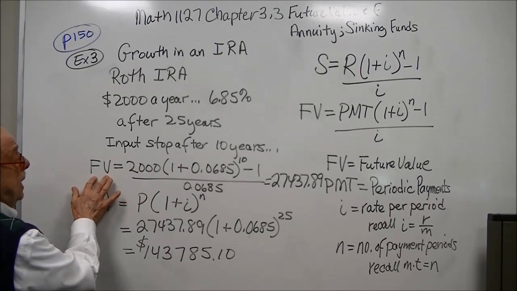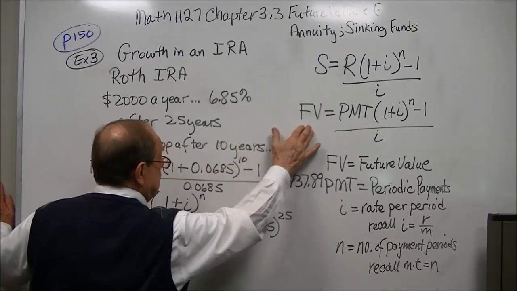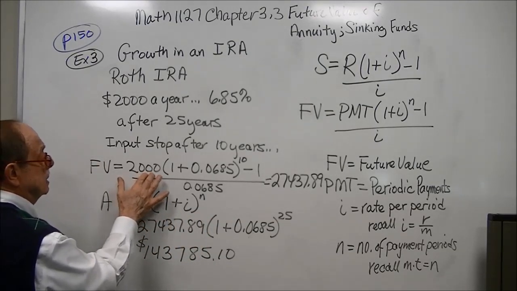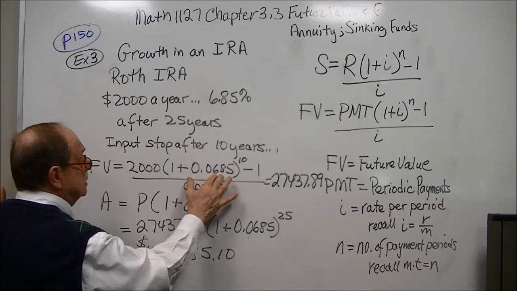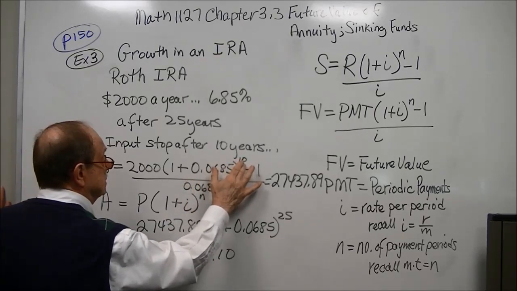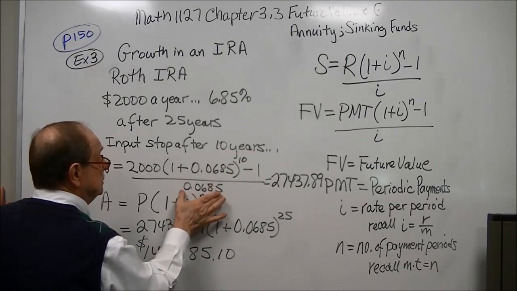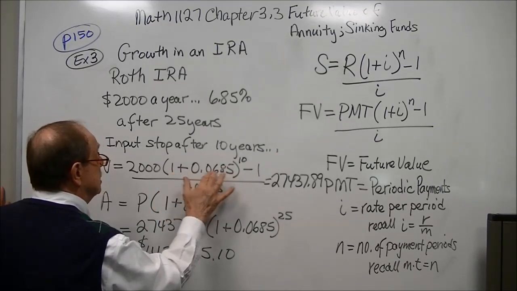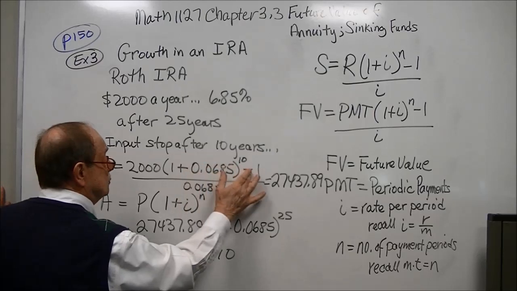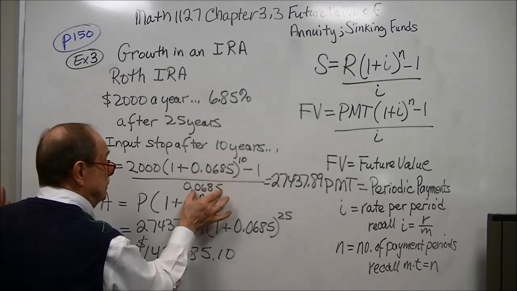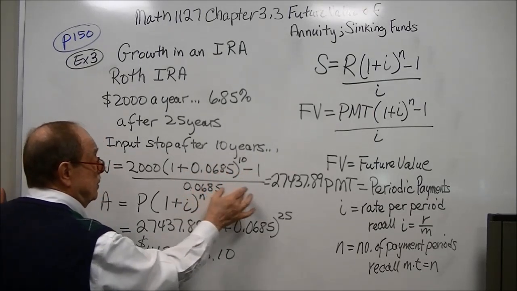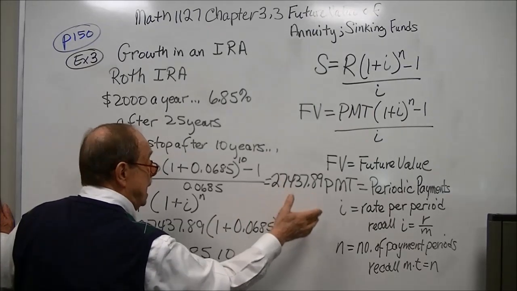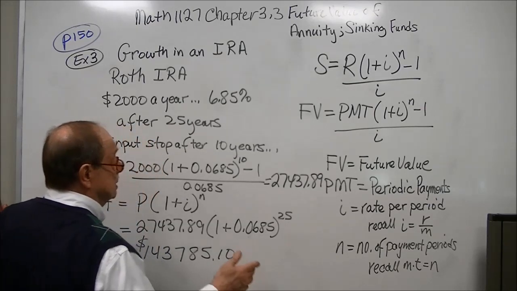Well, we need the future value formula that we've been working on: putting in $2,000 at this interest rate for 10 years, divided by that interest rate, and of course you're going to do this, multiply it by that, subtract 1, and divide it by this. You end up with almost $27,500.